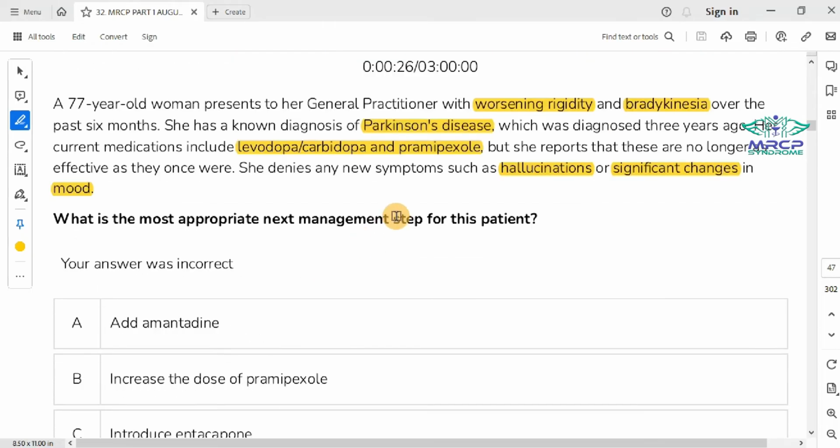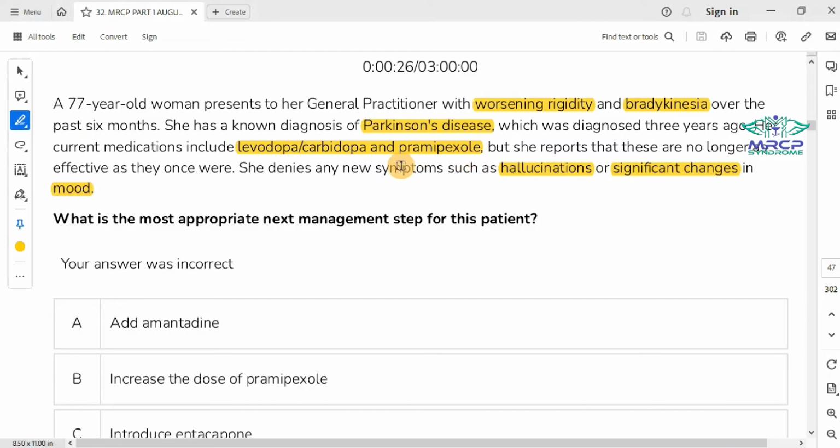So this patient has Parkinson's disease with worsening rigidity and bradykinesia despite being on levodopa carbidopa combination as well as pramipexole. So levodopa carbidopa is the cornerstone of Parkinson's disease management, and pramipexole is the dopamine agonist.